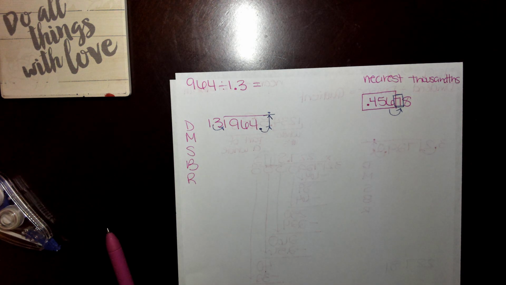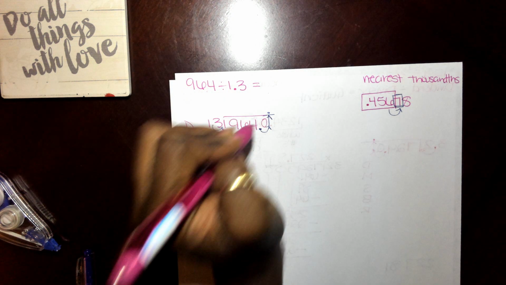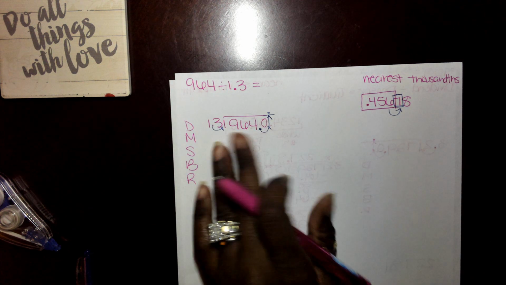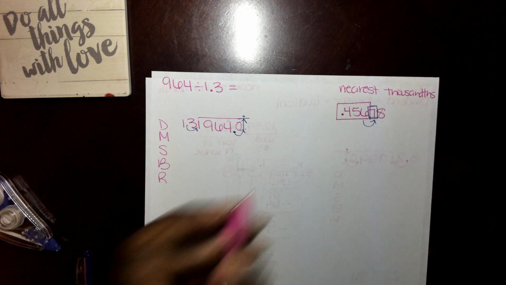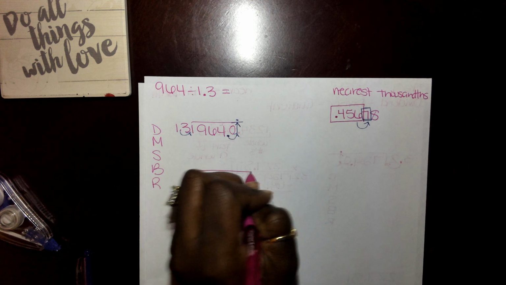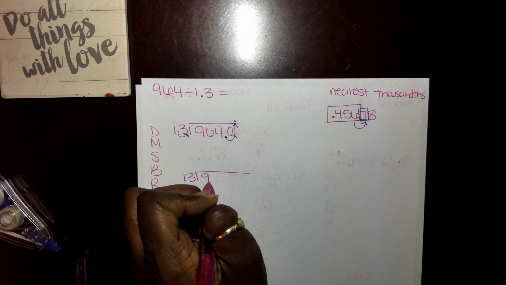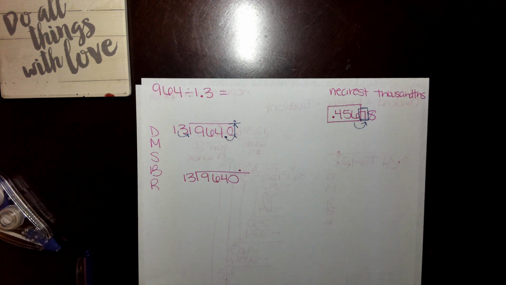And inside of that empty space, we will fill that with a 0. So if we want to clean this up, this is what the problem looks like now. We have 13 for the divisor, and 9,640 for the dividend, and our decimal is outside of the house, just to the right of the 0.